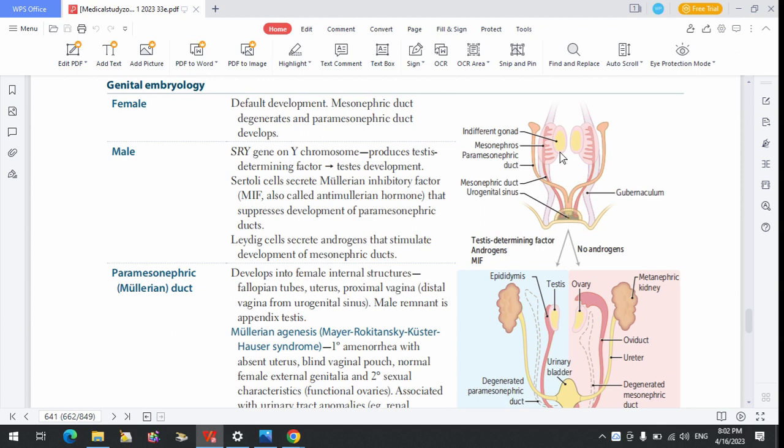The way to know what will determine if the gonad is going to differentiate towards the pathway of the male or the female is if that person has a Y chromosome. Sorry guys, I said testis, I'm very sorry about that.